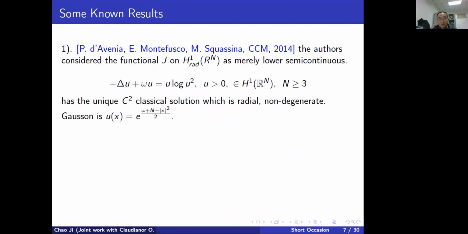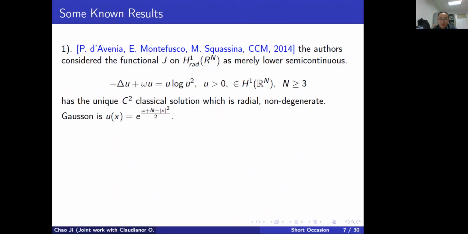Now let's review some known results. In this paper, Davenia and Schrodinger consider the functional G on the radial subspace as merely lower semi-continuous.